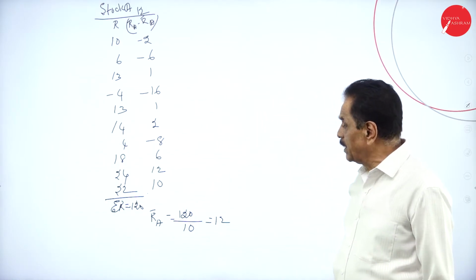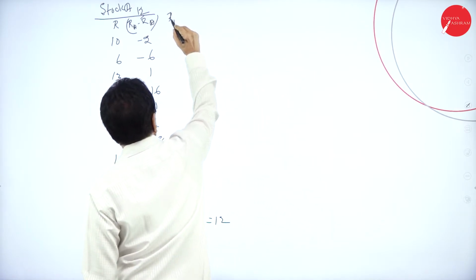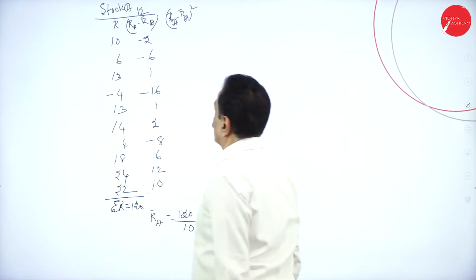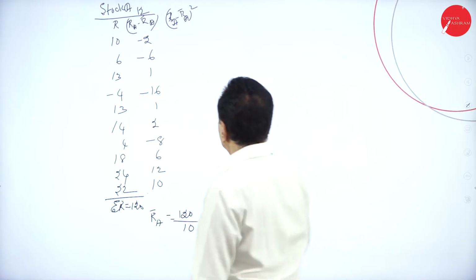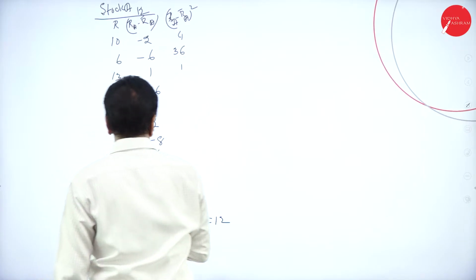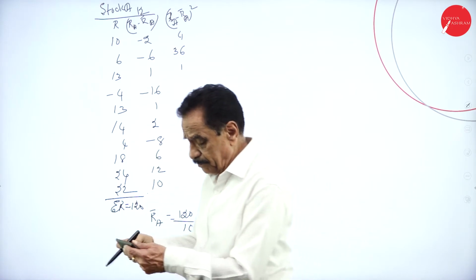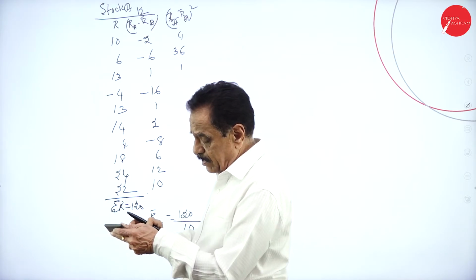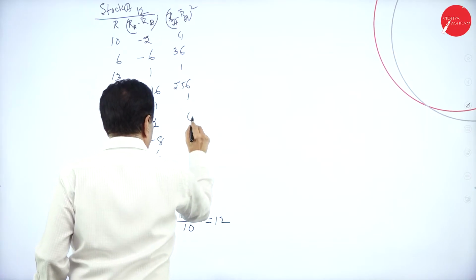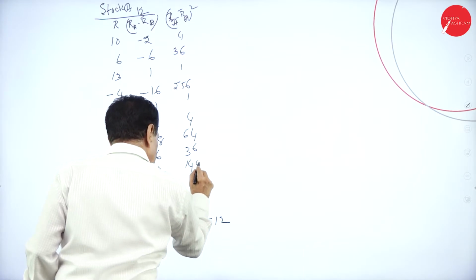Only the deviation from the mean, R A minus R mean. Then the square of this, R A minus R mean A, square. You can call this dx also. Then the square of this: 4, 36, 1, 16 into 16 is 256, 1, 4, 64, 36, 144, 100.